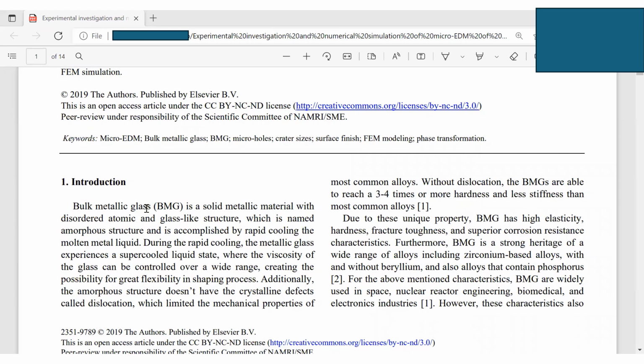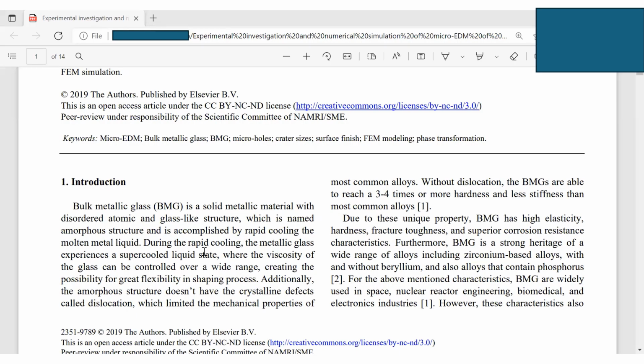Amorphous structure. It is accomplished by rapid cooling of the molten metal liquid. During the rapid cooling, the metallic glass experiences a supercooled liquid state where the viscosity of the glass can be controlled over a wide range, creating the possibility for great flexibility in shaping processes.